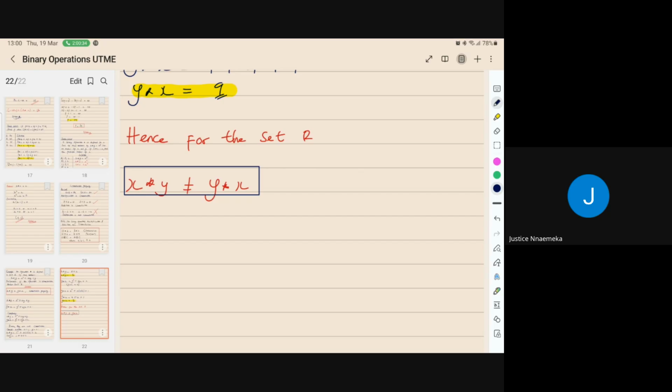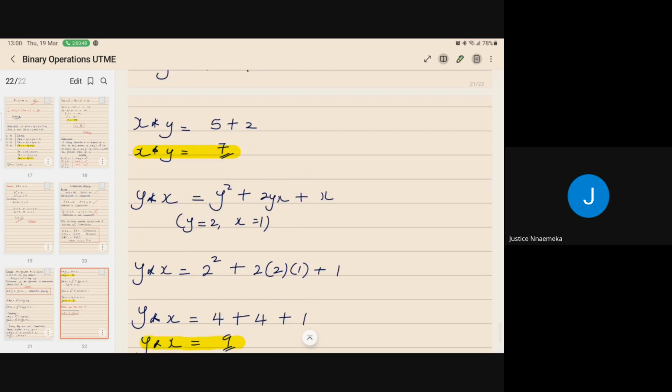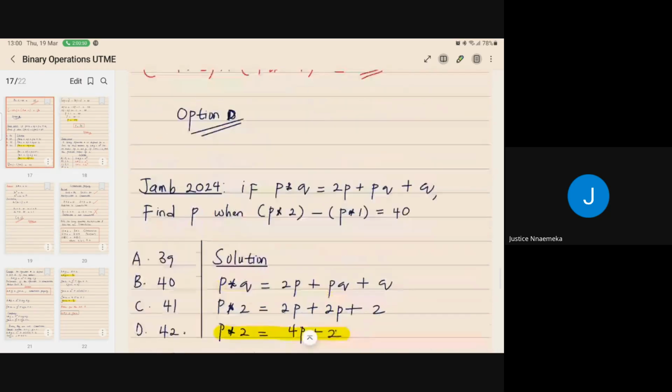You can get your hands dirty with past questions. In our next class, I'm going to look at the associative property, the distributive property, and the inverse property and the identity elements, as time permits.